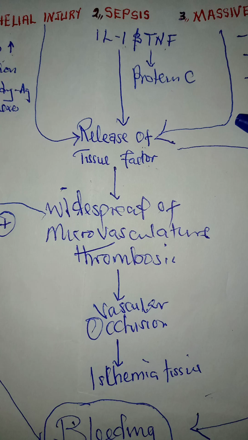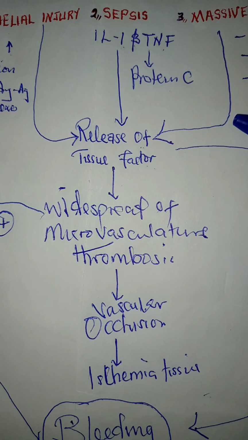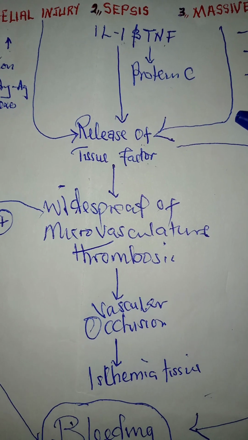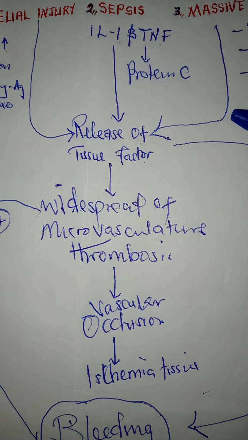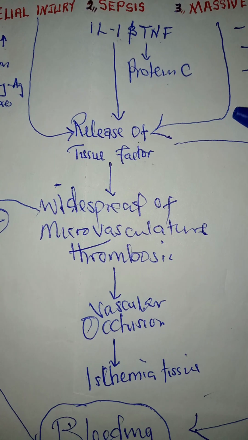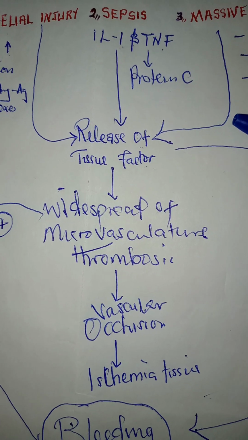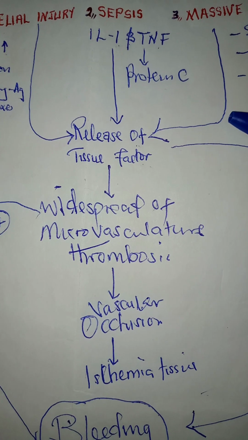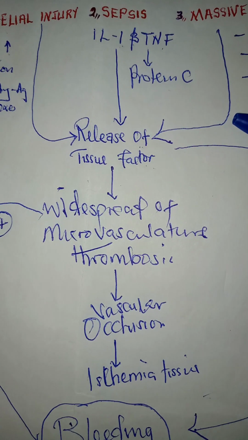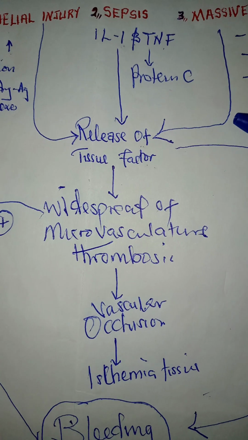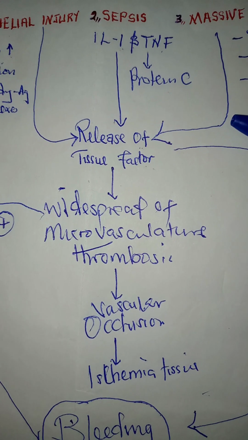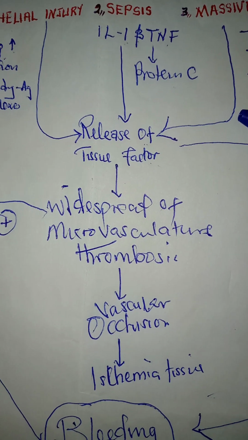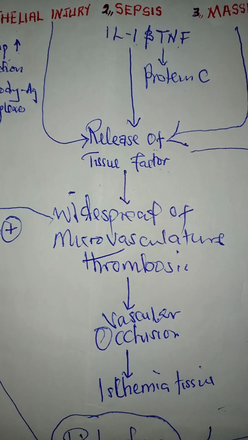Not only that, interleukin-1 as well as tumor necrosis factor also lead to downregulation of thrombomodulin. This basically leads to inhibition of the clotting cascade, because thrombomodulin can block the cascade of clotting.